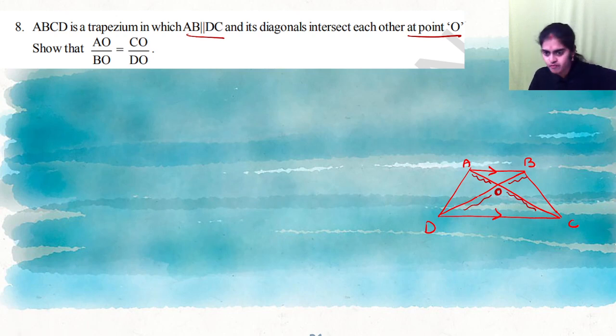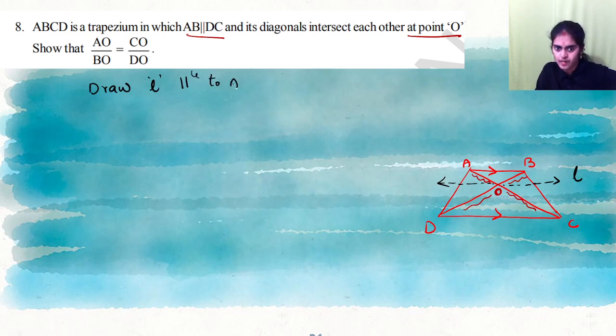In this question, just remember, we will draw a line like this, parallel. Okay, so let this be line L. Please understand this question. Draw L parallel to AB. If L is parallel to AB, you already know AB and CD are parallel.